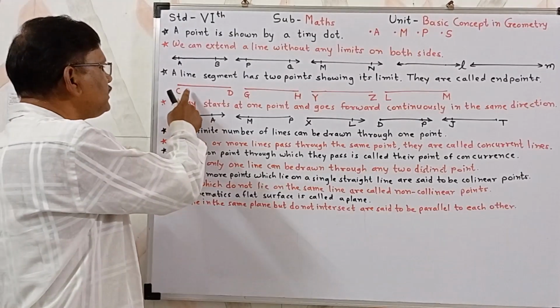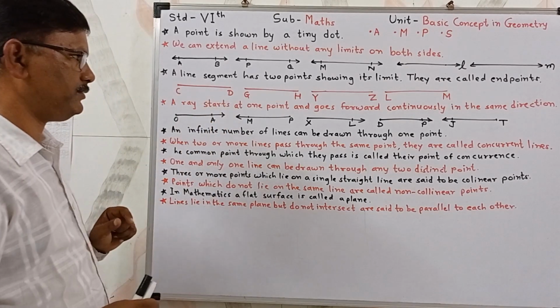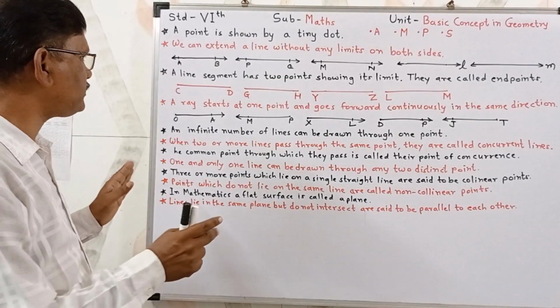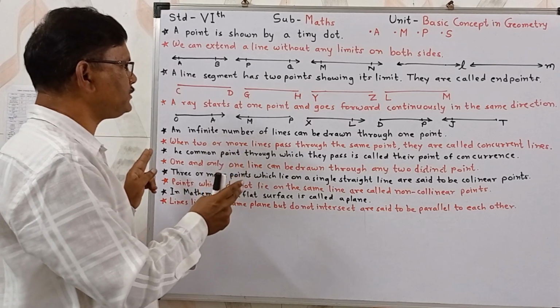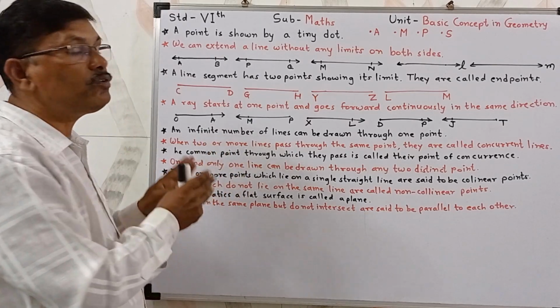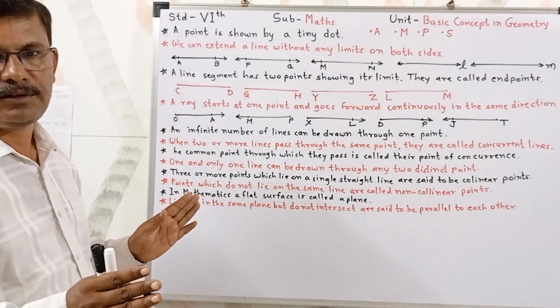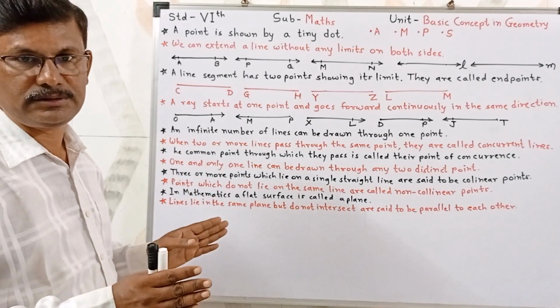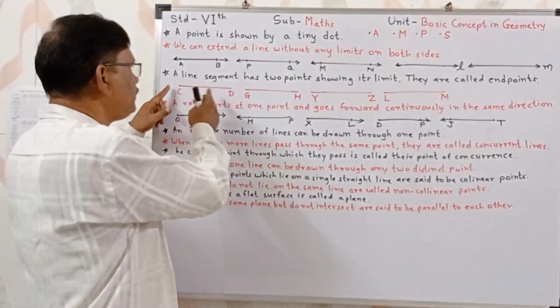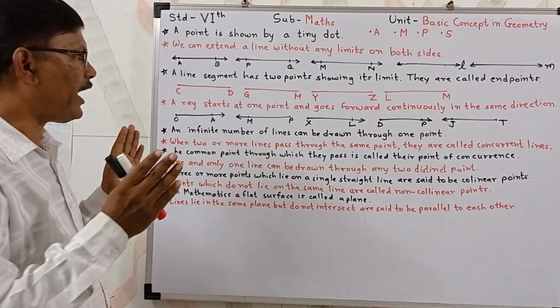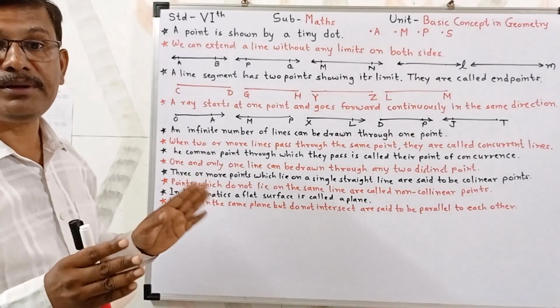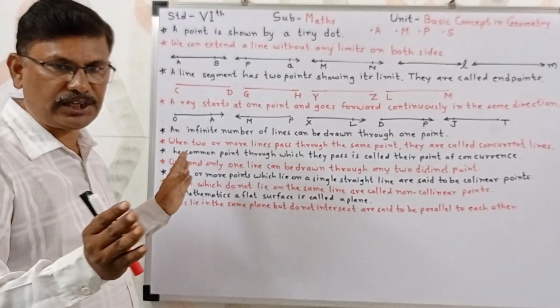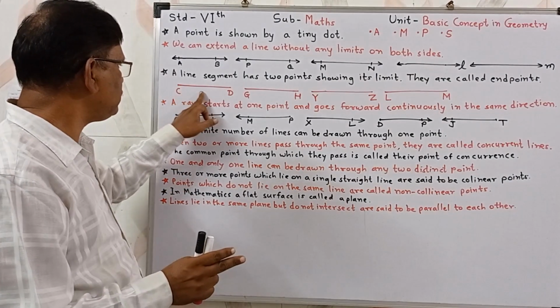So this is called a line segment. Understood? Both have a limit. The end points show its limit. They can't extend.